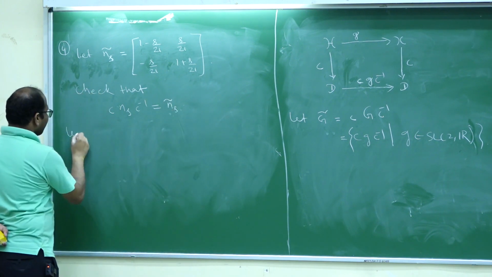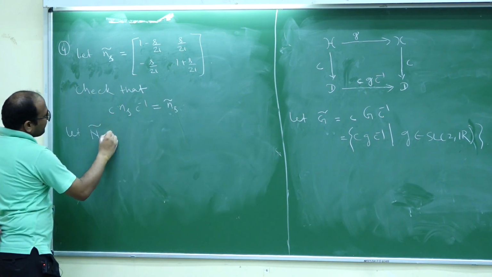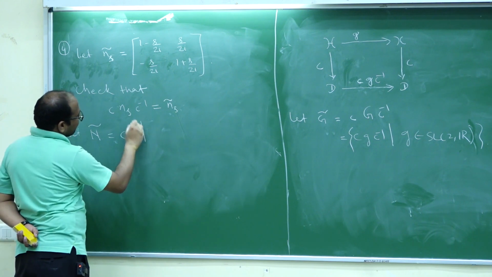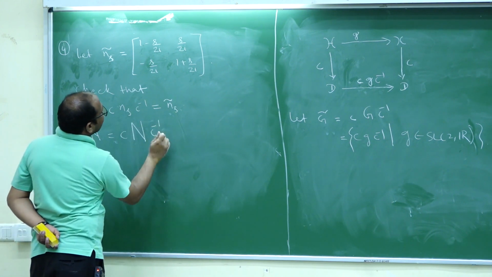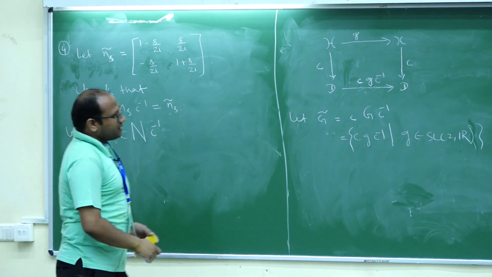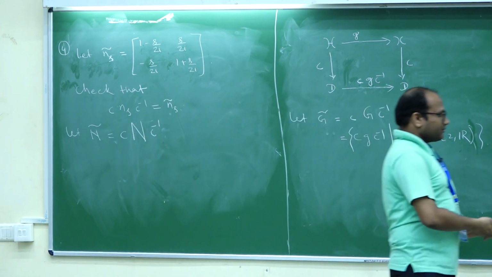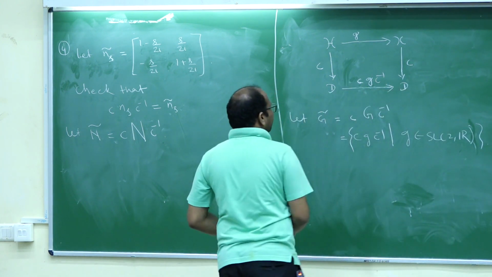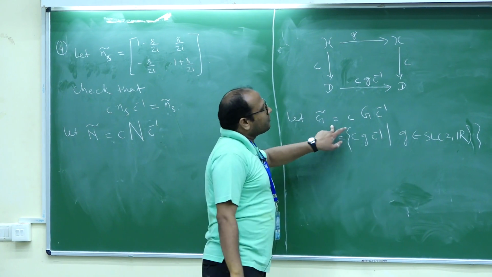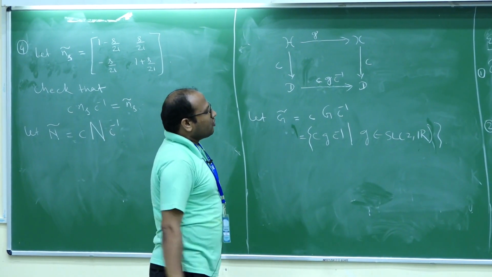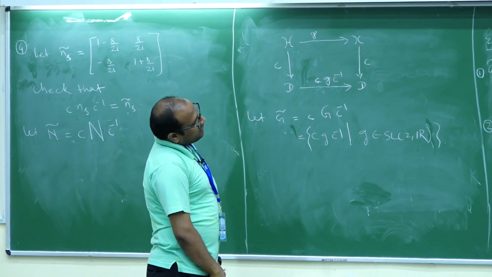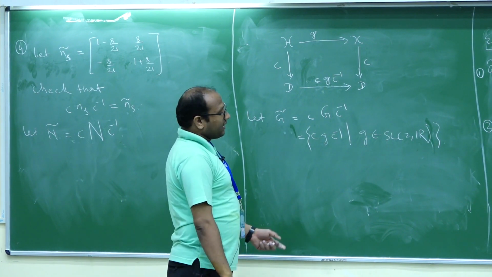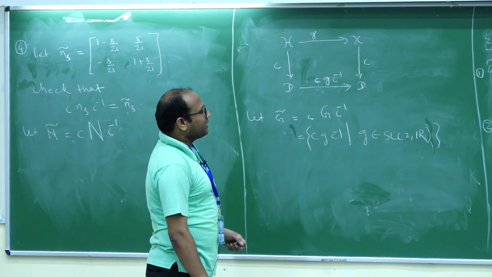So let N tilde be this collection of N_s tilde. So G tilde is really the conjugate of G. So G tilde is homeomorphic to G. Similarly, K tilde is homeomorphic to K, A tilde is homeomorphic to A, and N tilde is homeomorphic to N.